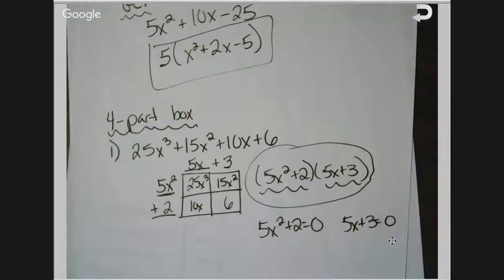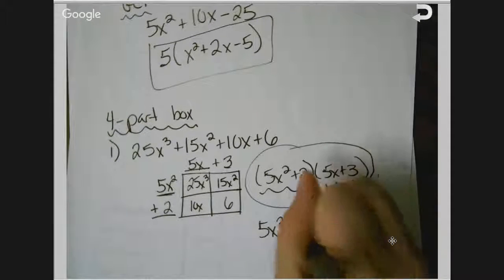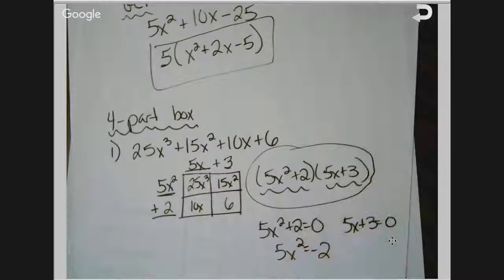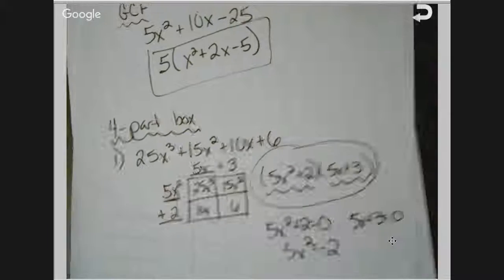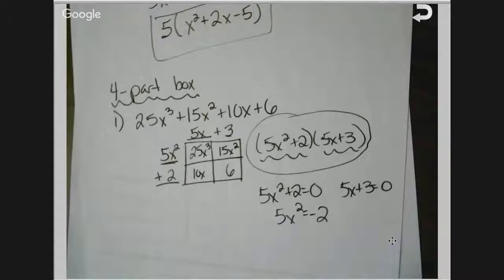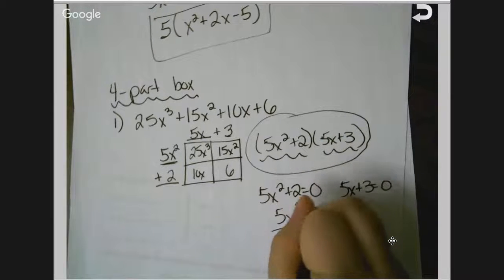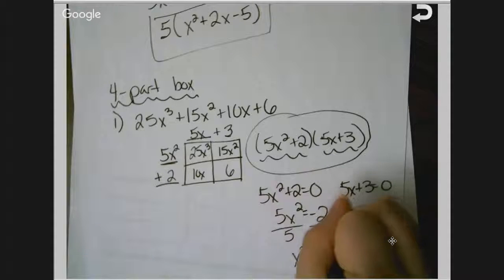What's the first thing we do? Yeah, you're going to subtract 2. Then what? How do you get rid of 5? You divide. So, divided by 5, x squared equals negative 2/5.